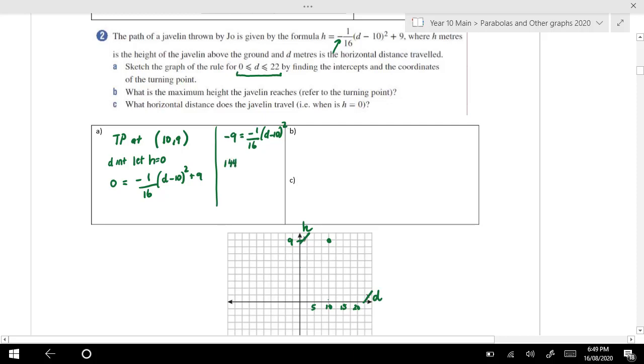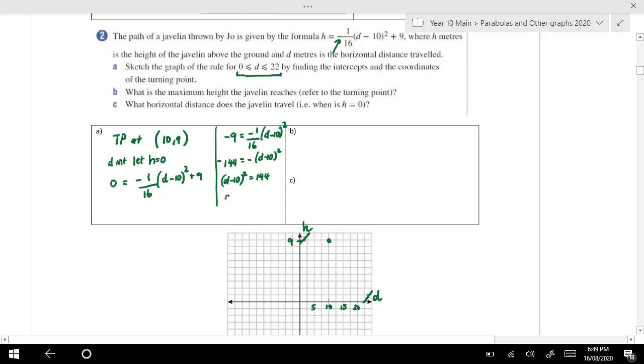So we've got negative 144 is equal to minus (d minus 10) squared. We can divide both sides by the negative, which gives us just 144 is (d minus 10) squared. Then let's take the square root of both sides.